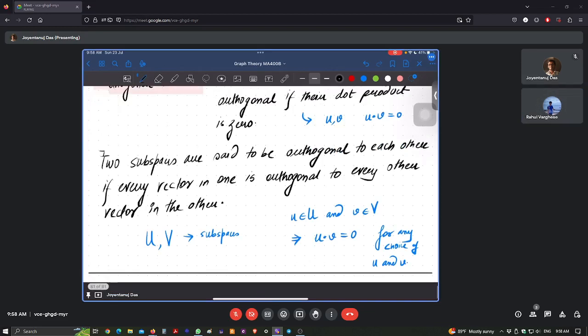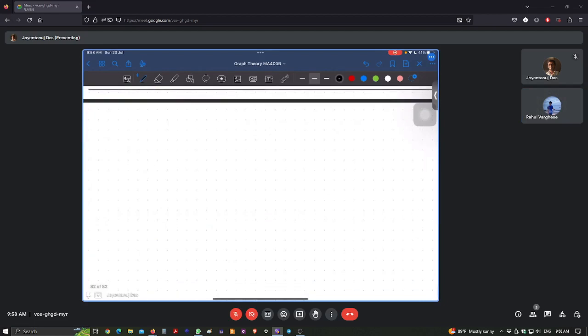Okay. So now you can see that the zero vector is the vector where all the components are zero, right? The zero vector always belongs to the subspaces or vector space, right?